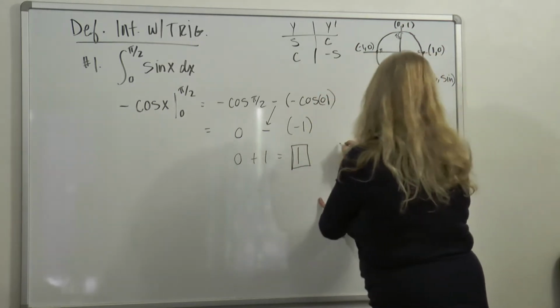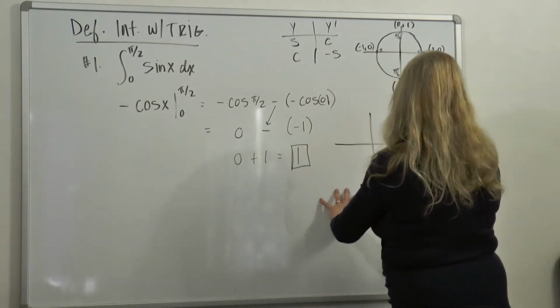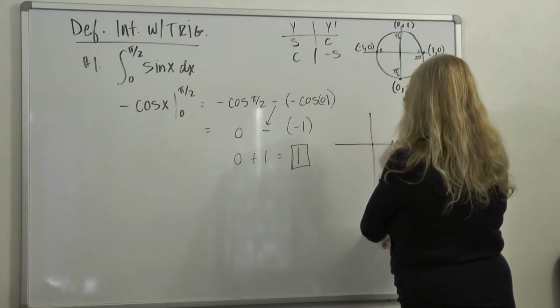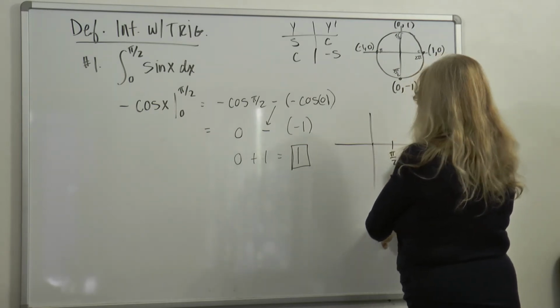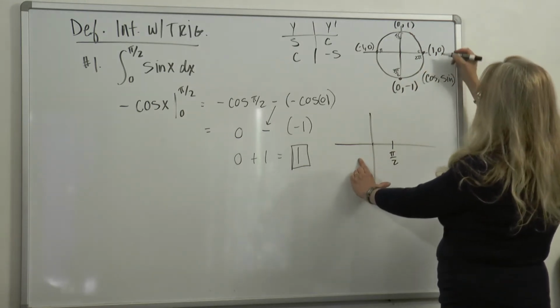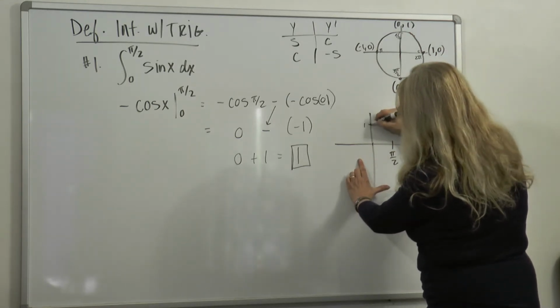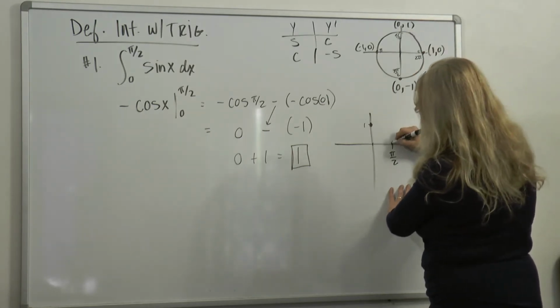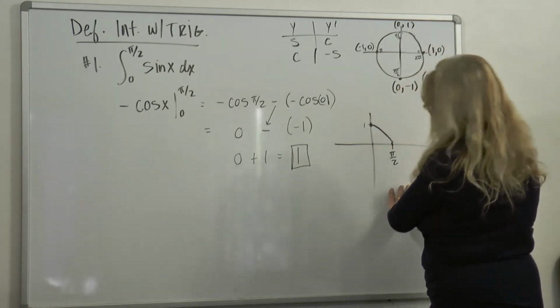Now if I were to graph this, if this is my 0 and say this is pi over 2, the cosine of 0 is 1 up here. The cosine of pi over 2 is 0. Goes like that.